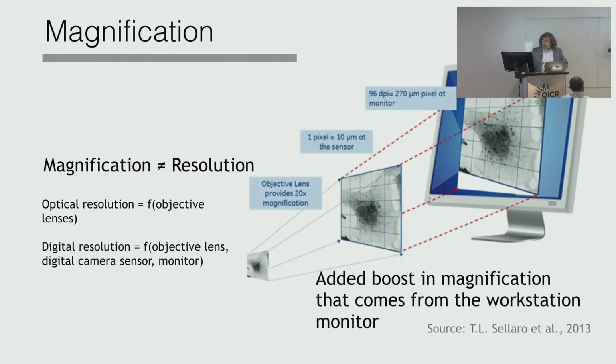One of the good things is that you have an added boost in magnification when you go digital, but you have to be really cautious when you talk about magnification for digital pathology, because you get the objective lens, then the camera and its resolution, and things get magnified again on the monitor. So this is a boost generally, but I'm not used to it. I'm not used to seeing and working like this.